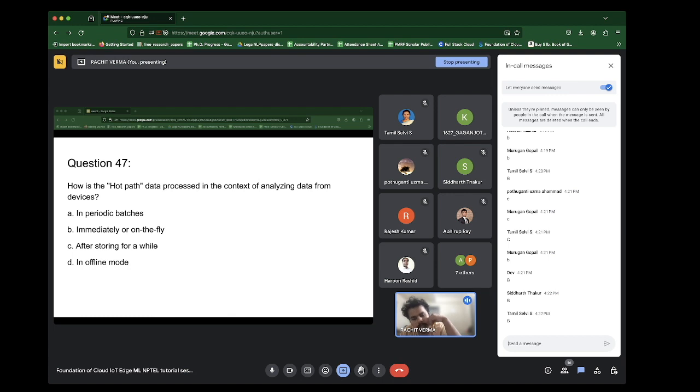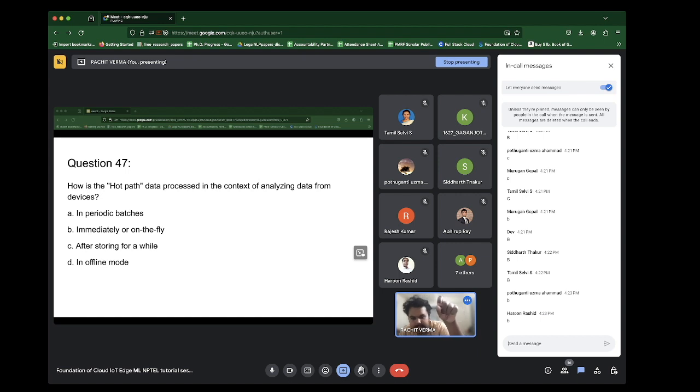So how is the hot path data processed? Is it in periodic batches, immediately or on the fly, after storing? The answer is B, immediately or on the fly. Yes, that is the correct answer. It does not happen in periodic batches because batch processing is slower than real time.